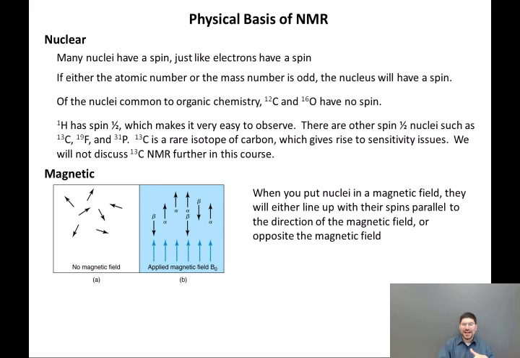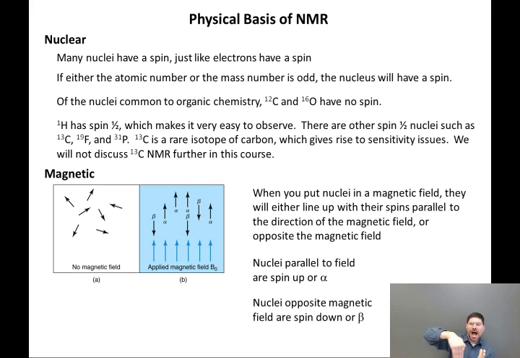But when you add a magnetic field going from top to bottom in the diagram, the nuclei that line up parallel to the field, we call them spin up, or some people refer to this as the alpha spin state. I like spin up better than the alpha spin state. I'm just one of those kinds of guys who doesn't like to use Greek letters any more than he has to, and there are enough Greek letters that we have to deal with in this unit anyway. So parallel to the field is spin up, opposite the magnetic field is spin down.